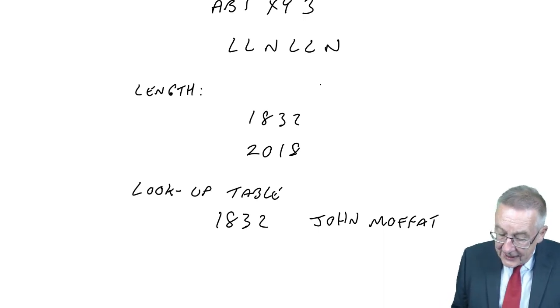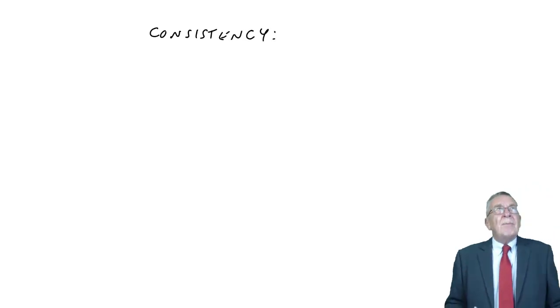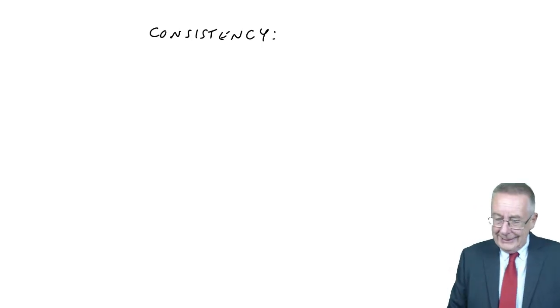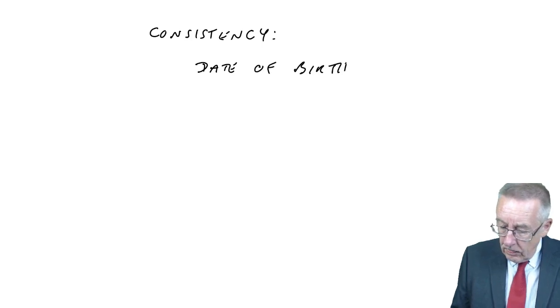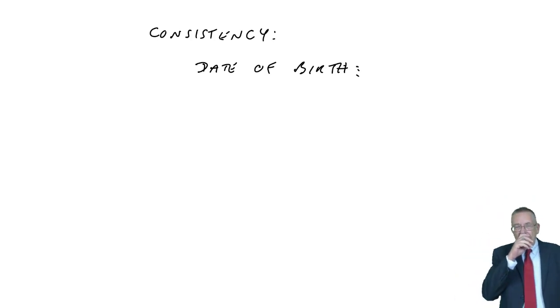Another one, consistency checks. Sorry, let me wind down the page. Consistency. I'll use employees again. Maybe when we're first entering new employees, we need to enter the date of birth. I know this might not be particularly critical, but just to give you an example of what I mean.